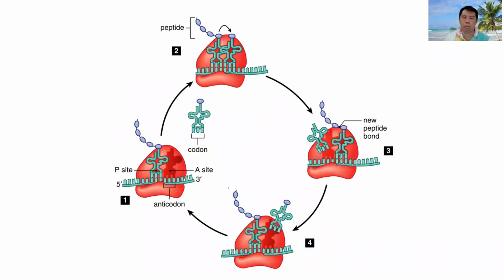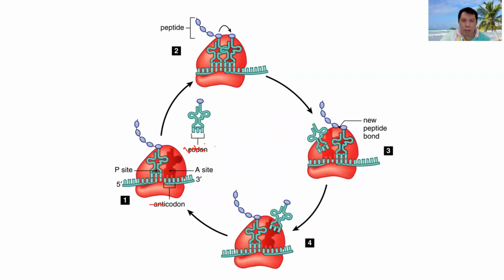This is an overview of the translation process. First, the ribosome attaches, and then a new tRNA carrying an amino acid joins to the appropriate codon. This one is the codon, not the anticodon. Here, this one is the anticodon, and this one is the codon.